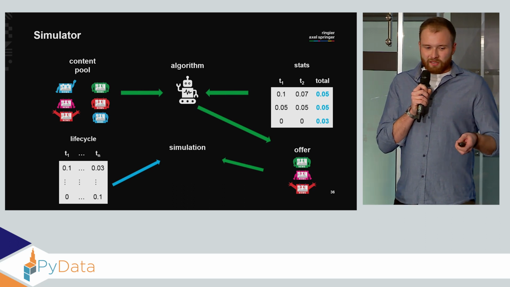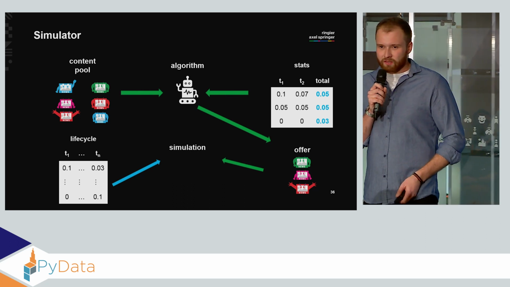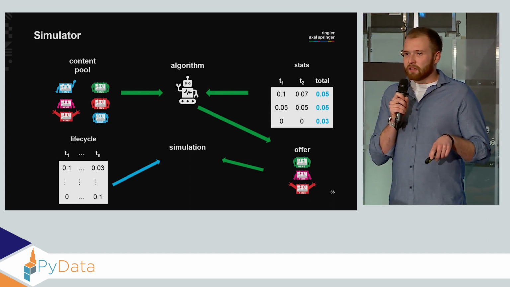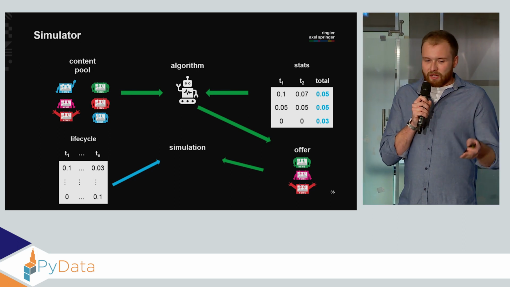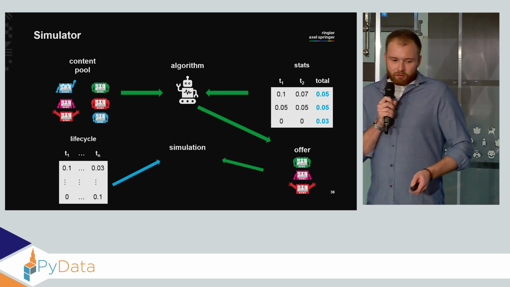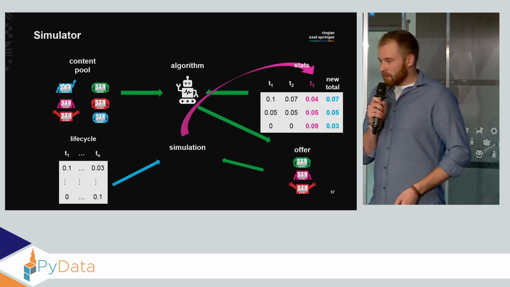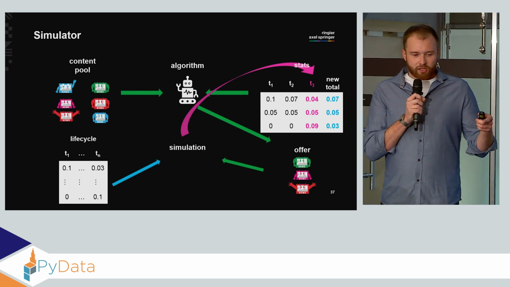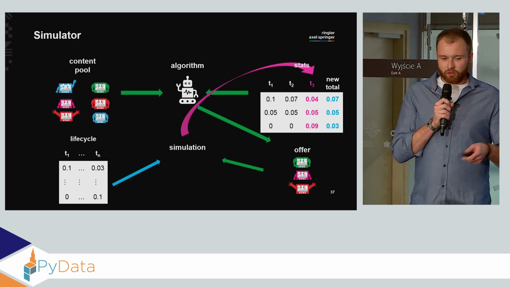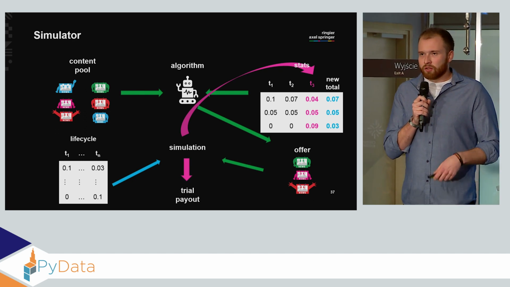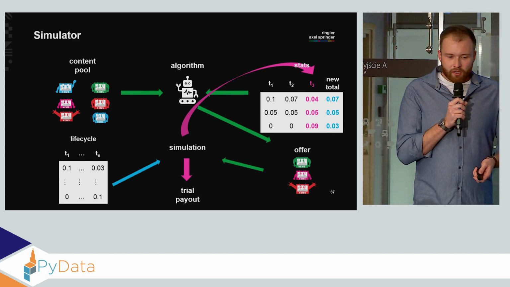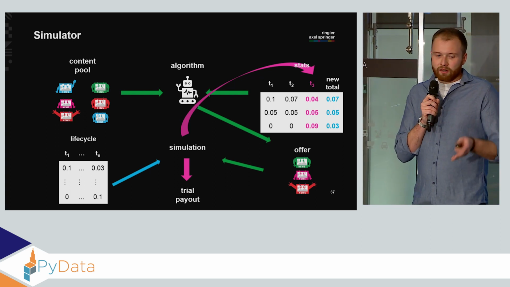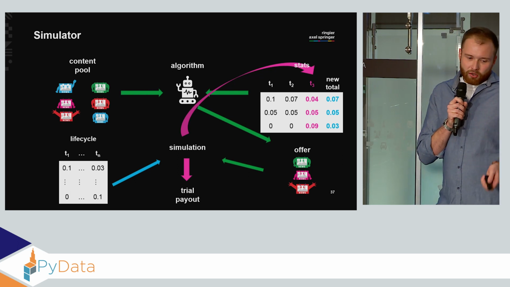The important part of this simulation is that our algorithm doesn't see the life cycle data. In this way, we get stats of this trial, we know which article got what performance, and also we got a total payout of this offer. So we know that the algorithm in this trial got some reward.